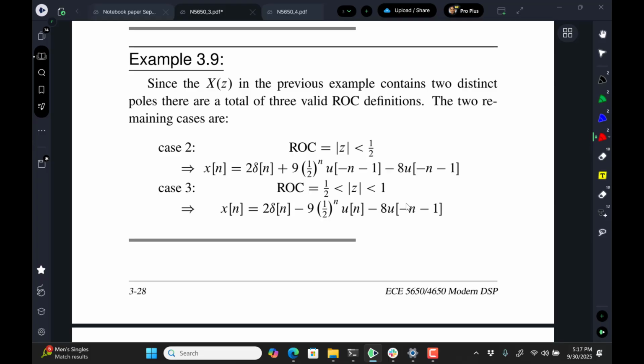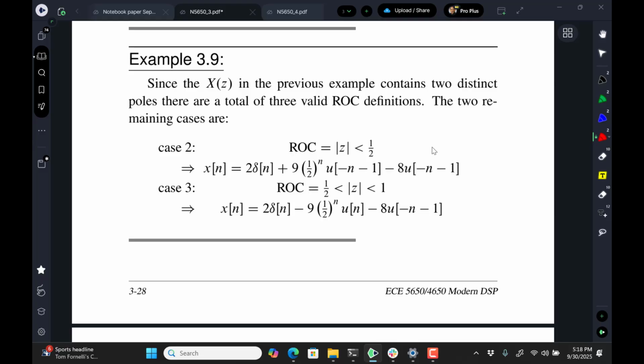We could have modified the problem to have the ROC be magnitude less than 1, in which case we'd have two left-sided sequences. We could have said it was a mixture between 1/2 and 1, and then the 1/2 to the n term is still hanging out as u of n, and the 1 to the n, no, I got that backwards.